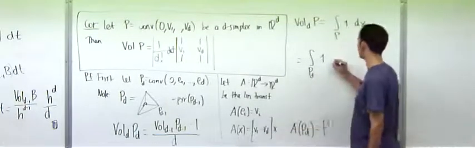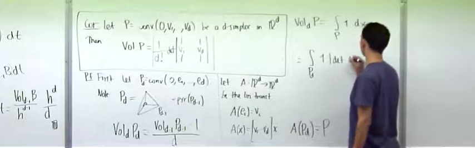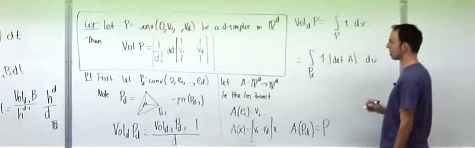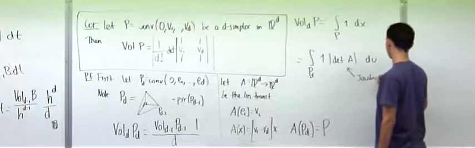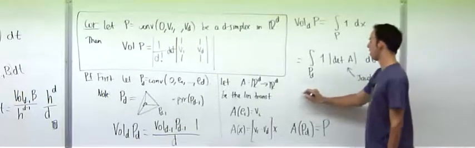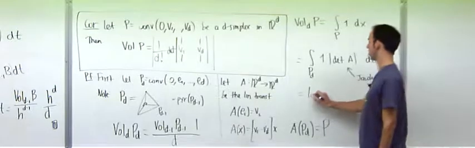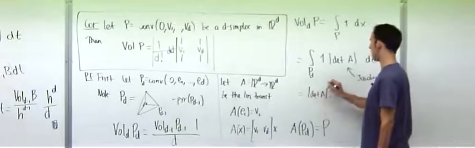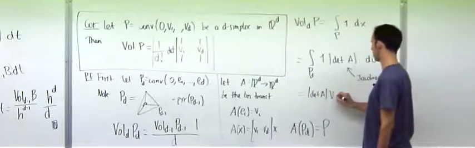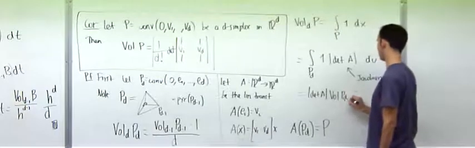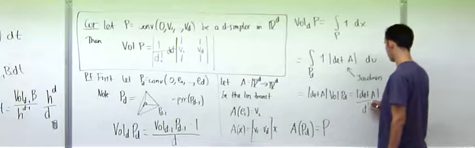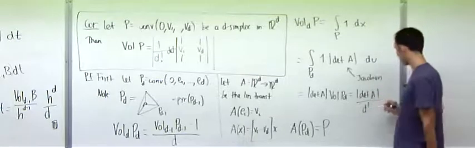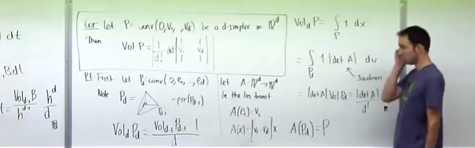And so what you get is the determinant of A. Okay, this is the Jacobian. And so what you get is the determinant of A times the volume of PD, which is 1 over d factorial. Okay? So that's the proof.